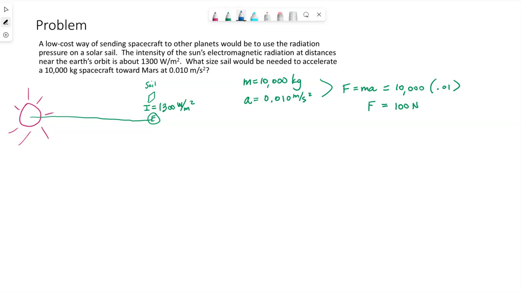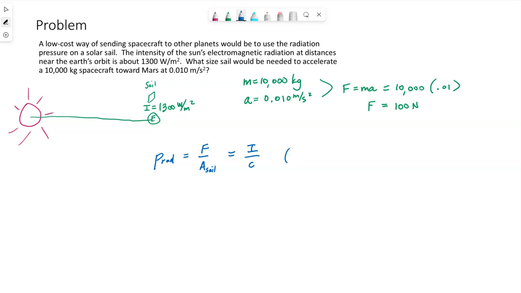All right, so radiation pressure is where force is going to come into play. The force on this sail divided by the area of the sail, that's the radiation pressure, that needs to equal the intensity of the sunlight divided by the speed of light.